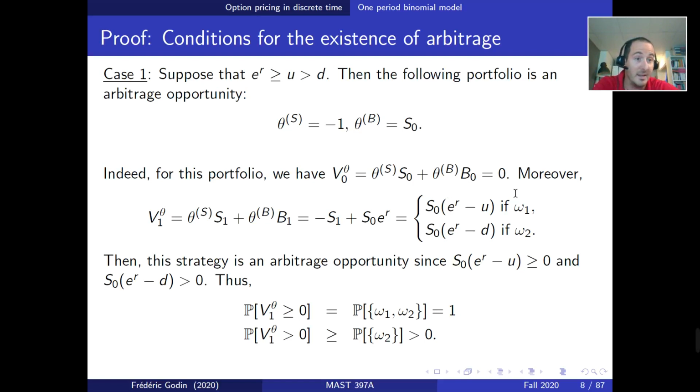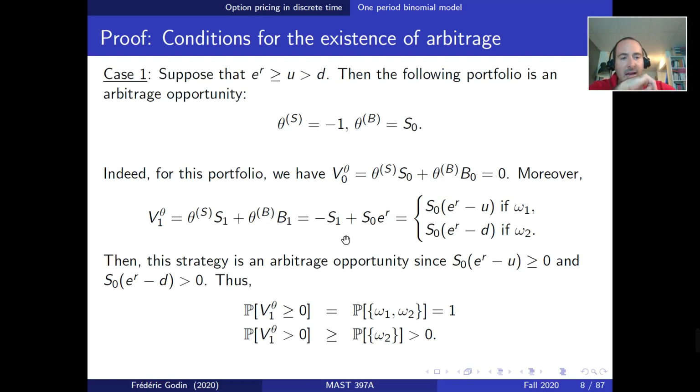So this portfolio indeed has a 0 initial value, and then we're going to look at what happens at time 1. The value of the portfolio at time 1 is the number of shares of the stock times the risky asset value at time 1 plus the number of shares of the risk-free asset times its time 1 value. Here theta S is -1, so this is minus S1. And this is S0, and this is exponential of r, so this is S0 exponential of r here.